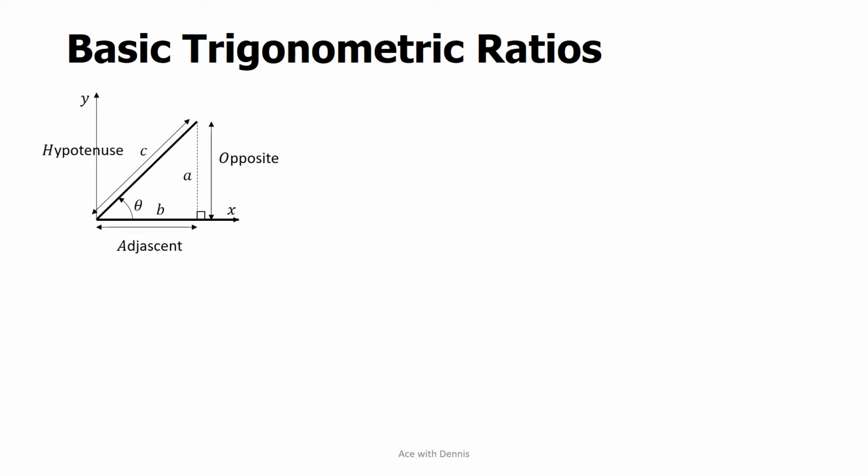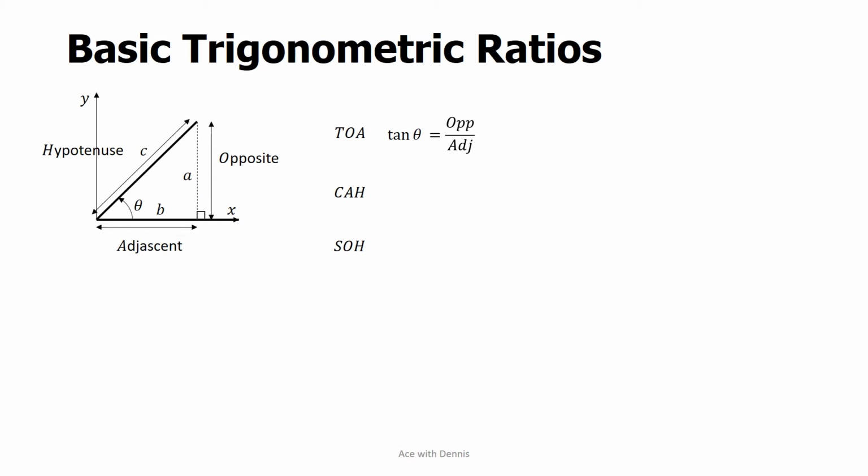Now, let's discuss the trigonometric ratios. You can remember the trigonometric ratios with "toa, cah, soh", which means toa for tangent theta, it equals opposite over adjacent.